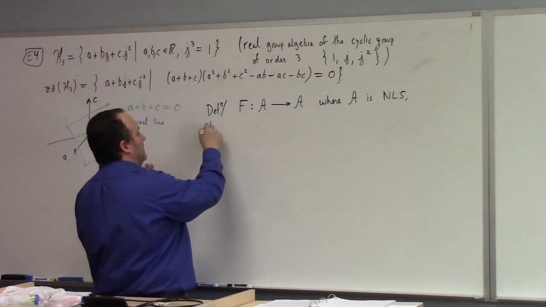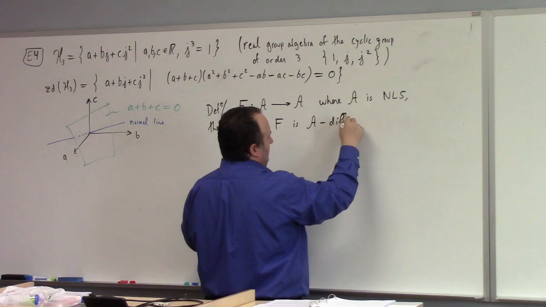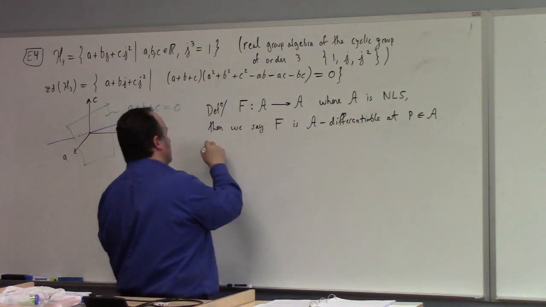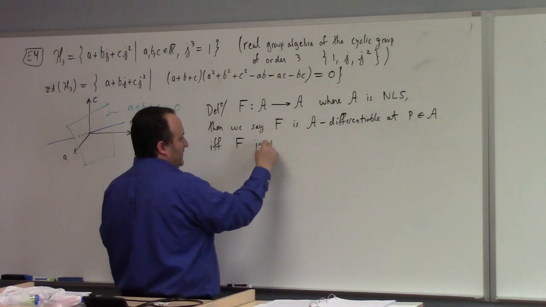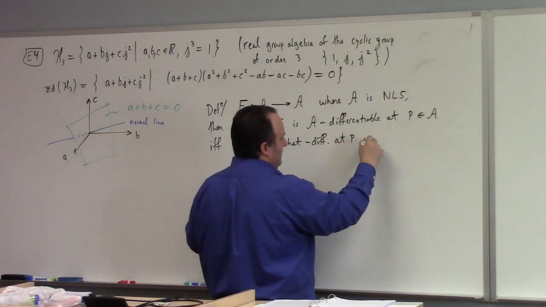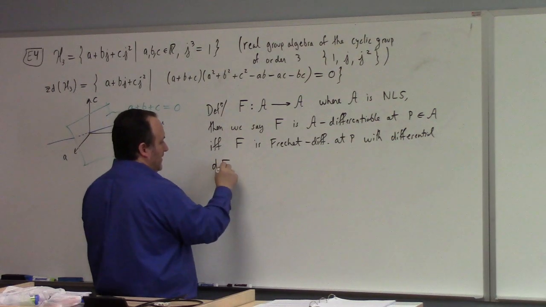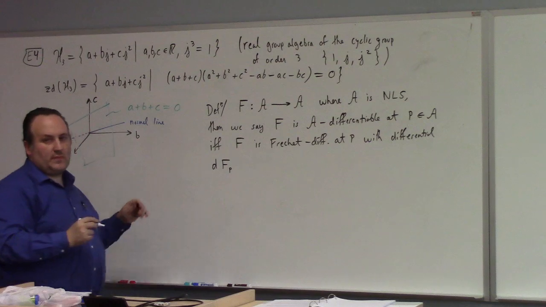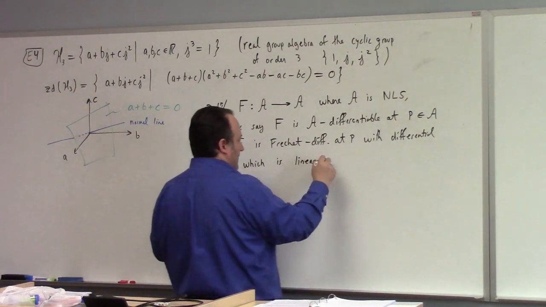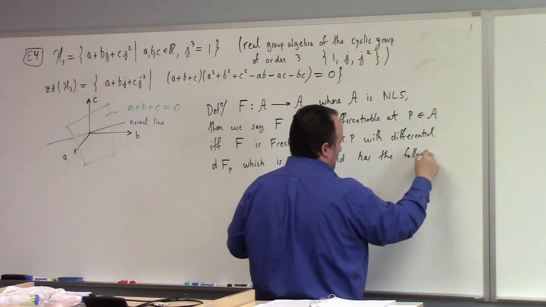All right, then we say f is A-differentiable at P in A if and only if f is Fréchet differentiable at P with differential df sub P, which is linear and has the following property.